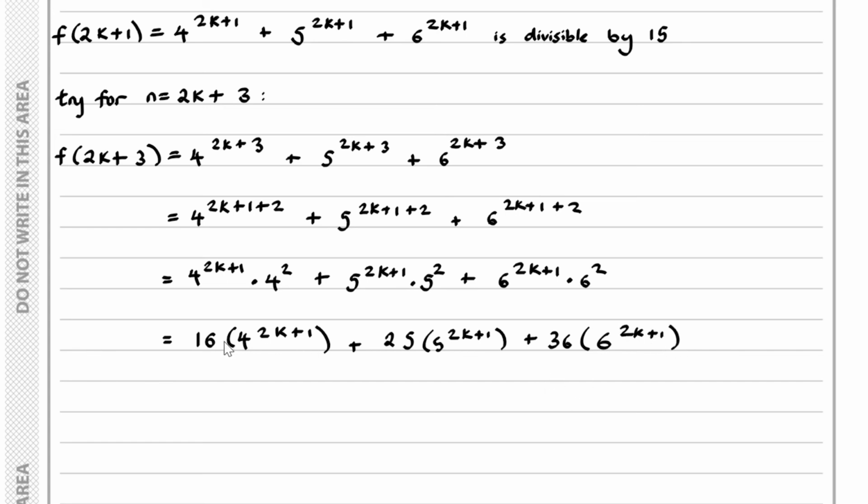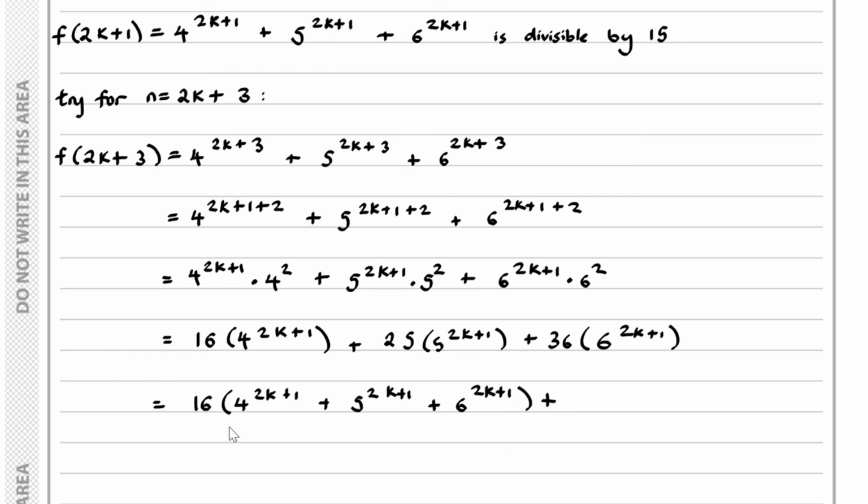And you'll notice, if we compare what we have over here with what we have over here, we can make this result similar to this result over here by first of all taking out a 16 as a common factor and writing this result down. So we have 4 to the power of 2k plus 1 plus 5 to the power of 2k plus 1 plus 6 to the power of 2k plus 1.